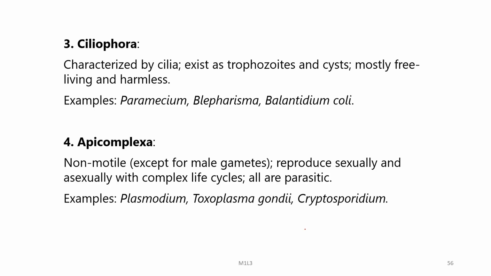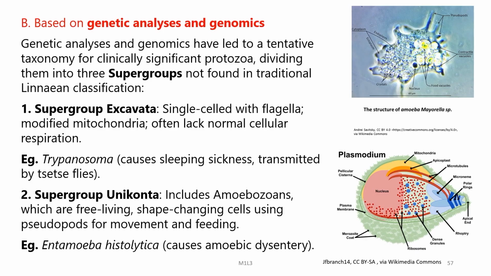Some examples include Paramecium, Blepharisma and Balantidium coli. Then comes the Apicomplexa. These are non-motile except for the male gametes, reproduce sexually and asexually with complex life cycles. All of them are parasitic. We have the famous examples like Plasmodium, Toxoplasma gondii and Cryptosporidium under Apicomplexa.